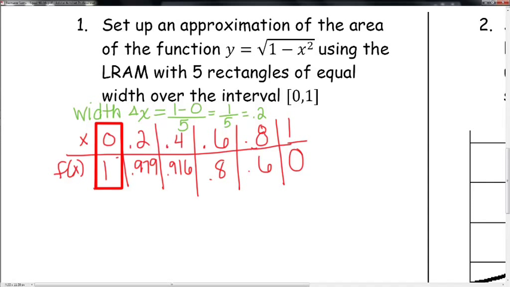We're going to multiply height times width for each of these rectangles. My width is 0.2, so my area is 1 times 0.2 plus 0.979 times 0.2 plus 0.916 times 0.2 plus 0.8 times 0.2 plus 0.6 times 0.2.